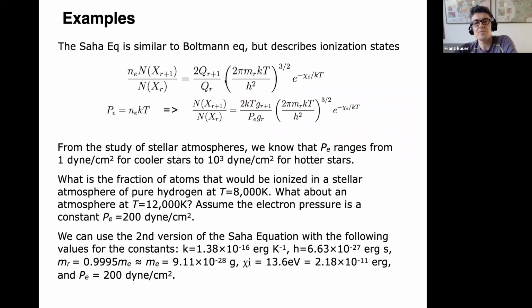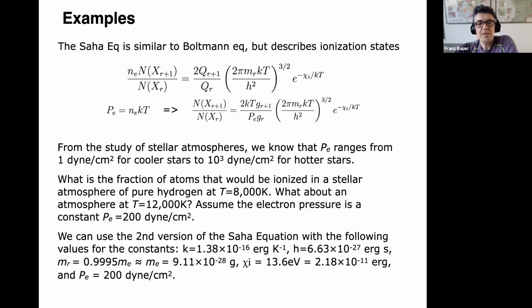This is going to be equal to our partition functions, our temperature portion and our exponential. If we plug in a pressure here, this ratio will be equal to the temperature, the statistical weights, the pressure of the electrons, the temperature, and this. So we throw the electron back over here again.